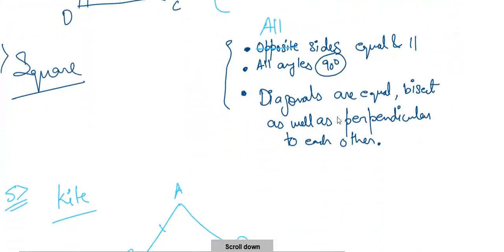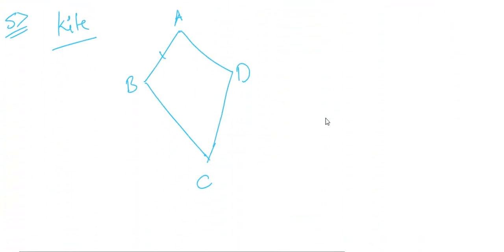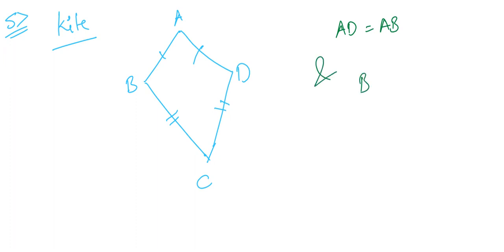Here the concept of opposite vanishes and the concept of adjacent or consecutive occurs, meaning a side adjacent to that side. If this scenario occurs, you would name that quadrilateral a kite. Here my AD would be equal to AB, and BC would be equal to CD.